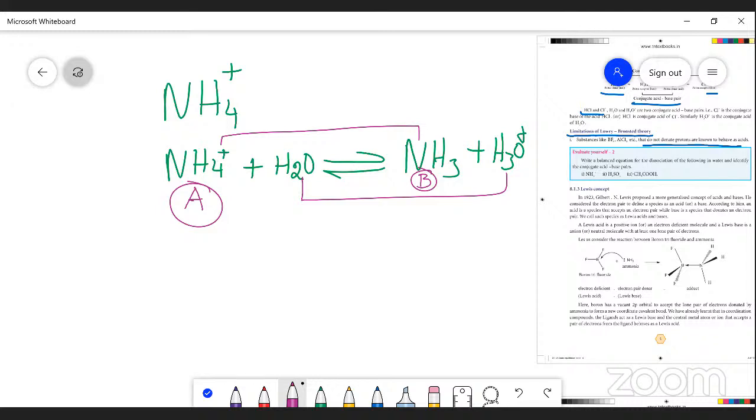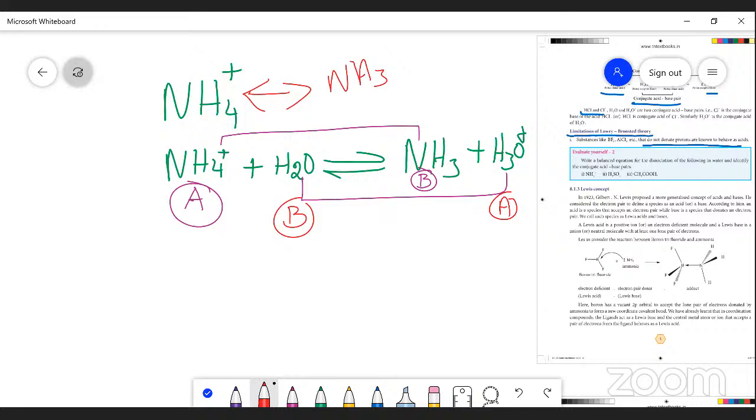Likewise, let me see this. H2O, what is happening? H2O is a base. Why is it a base? Since it accepts the proton to form H3O plus, it is a base. After accepting, H3O plus is an acid. Question may be asked: what is the conjugate base of ammonium? It is ammonia.